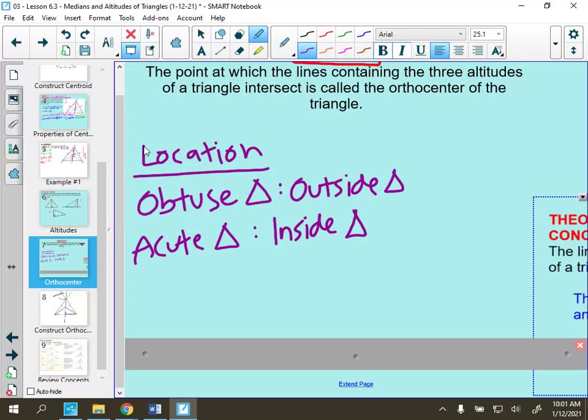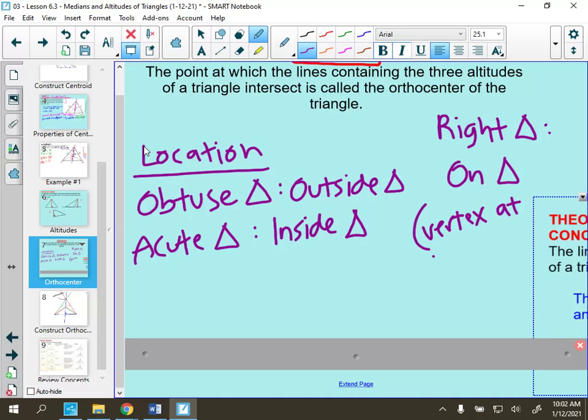And this is kind of like circumcenter. For a right triangle, it's going to fall on the triangle, specifically the vertex at the right angle. All right, so that one's specific. Your orthocenter is going to be the vertex of your right angle. So it's kind of cool how that works.